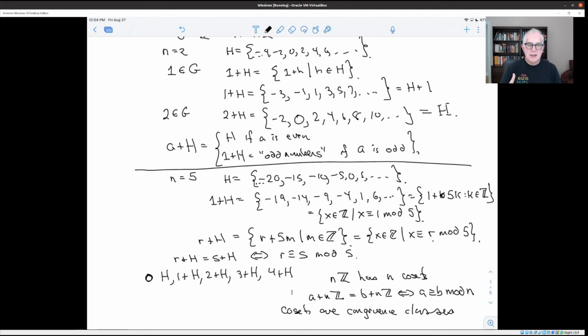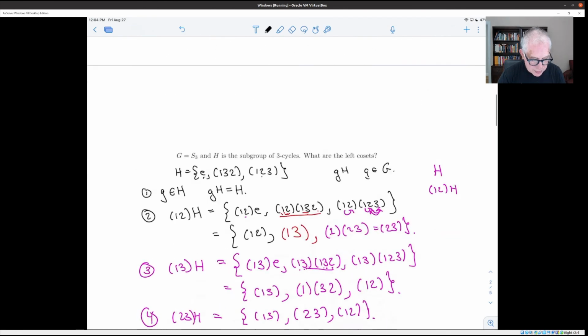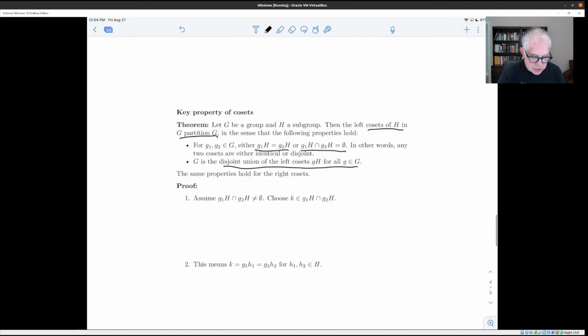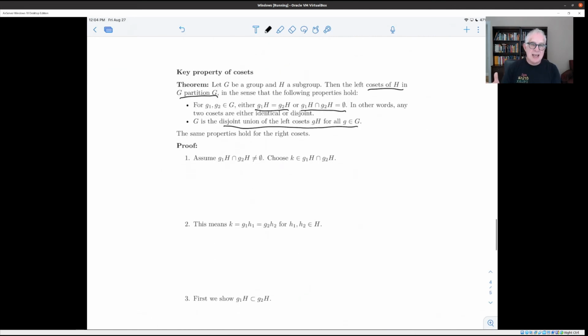And so the thing we're about to prove about cosets is just a restatement of what we already know about congruence classes, which is that 2 arithmetic progressions or 2 congruence classes are either the same or they don't overlap at all. And this is true for the left cosets, and it's also true for the right cosets.